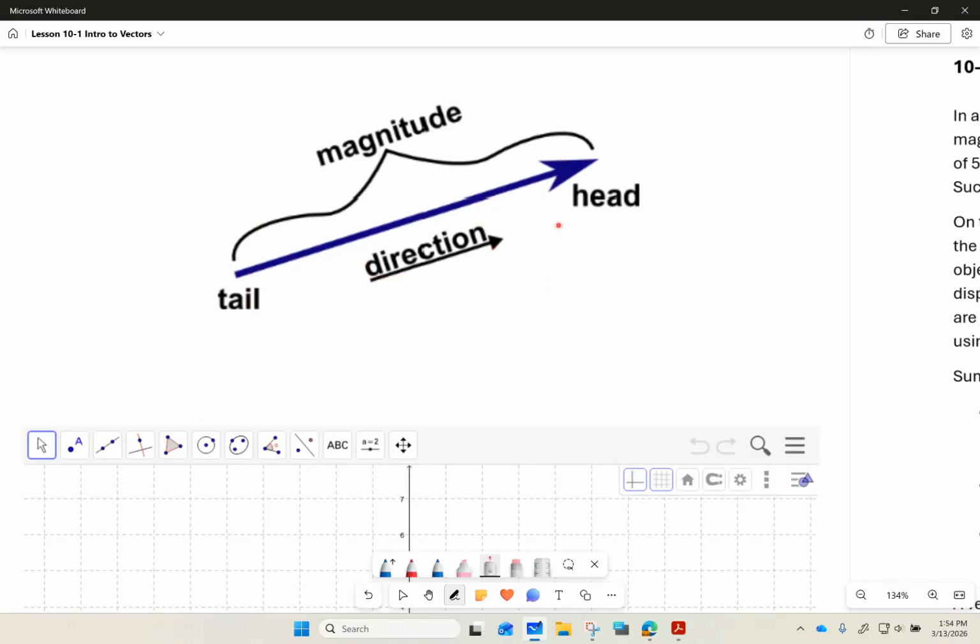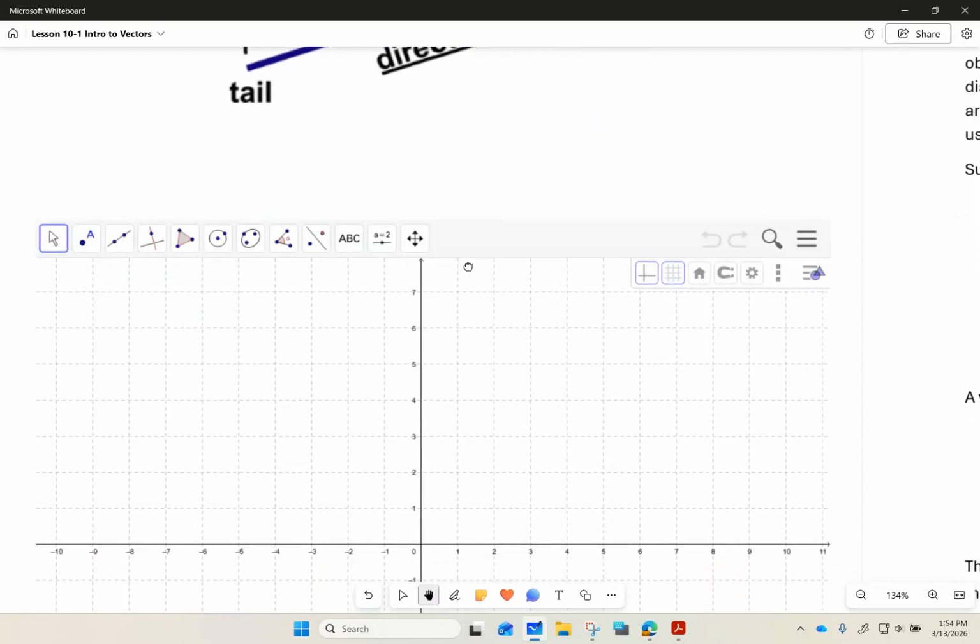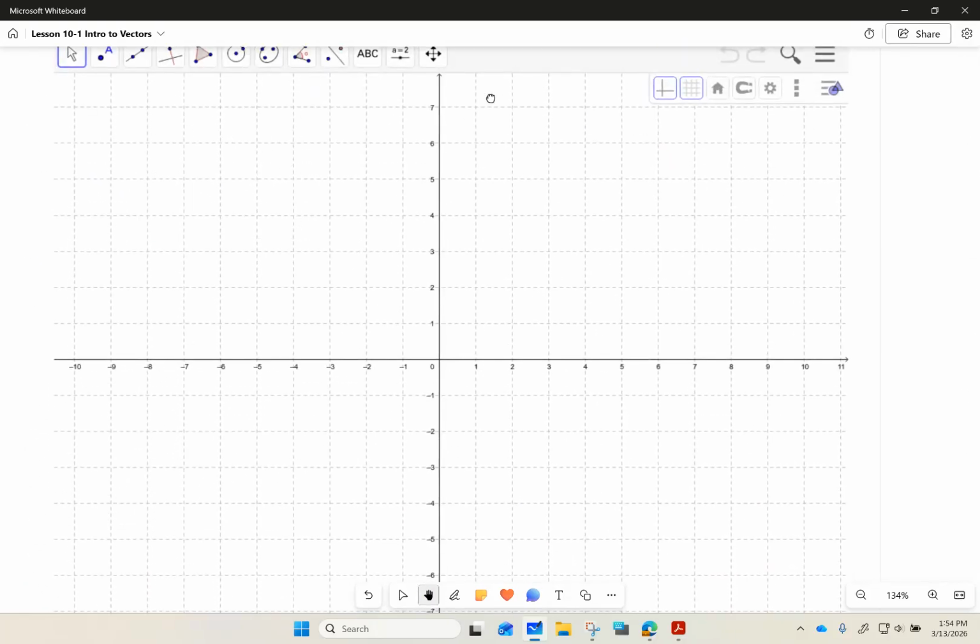So let me show you guys something specifically. We'll leave direction for later, but I want to talk about magnitude right now. So I am going to draw a vector in this coordinate plane. It is going to initially start from the origin, and let's say it ended right over here at 3, 4. And that's not a very straight vector, so let's do this again.